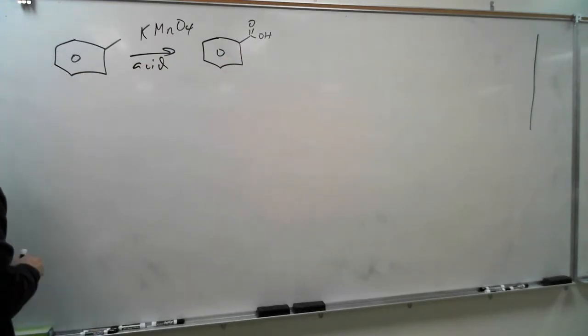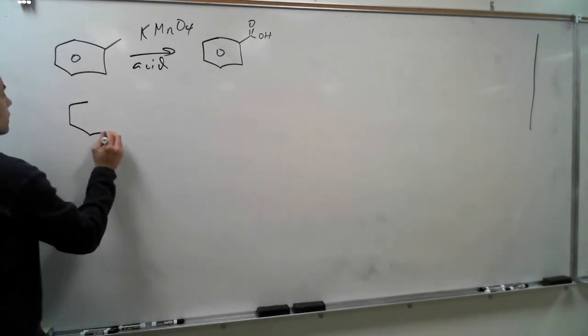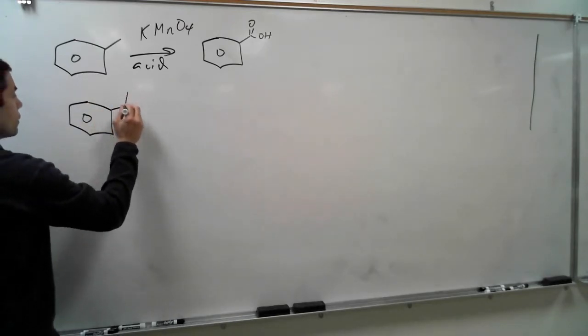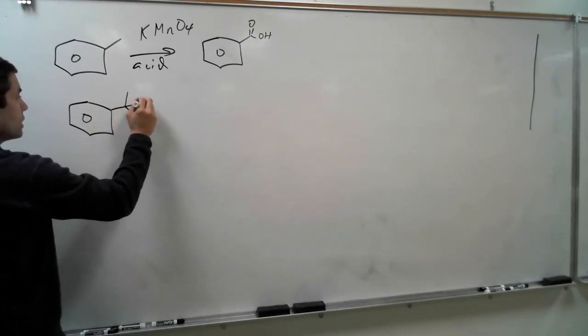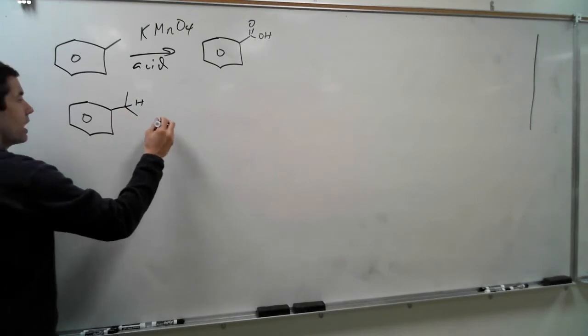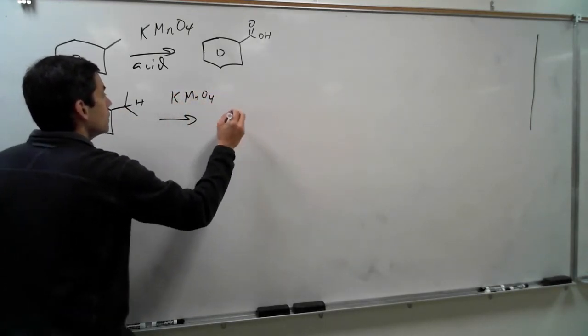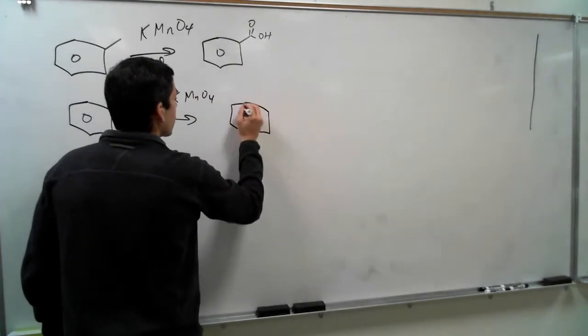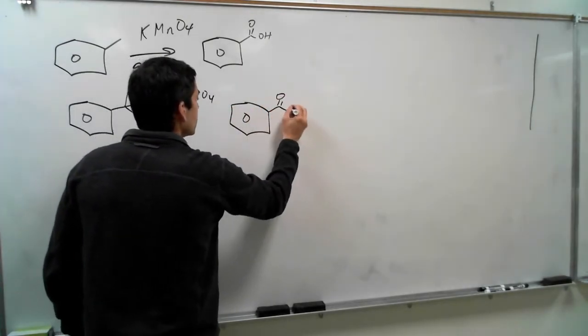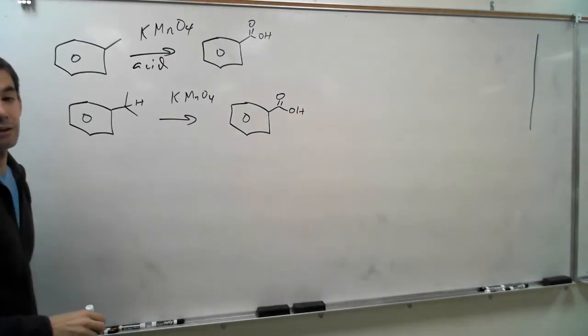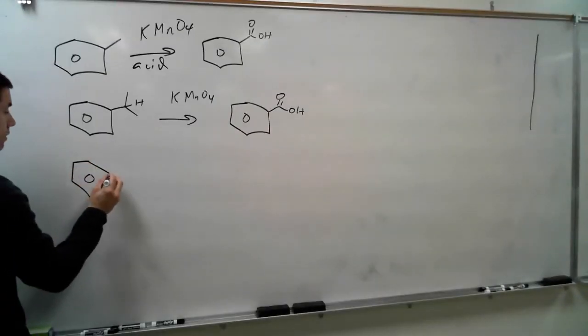Now, what's great about this reaction is if I take any group out here, as long as I have one CH here, one CH at that benzylic position, I can oxidize that to that carboxylic acid, right? It will always oxidize it. Again, it doesn't matter as long as I have one CH here.